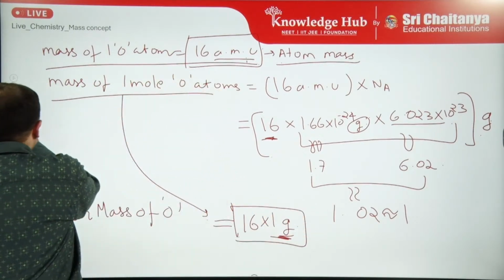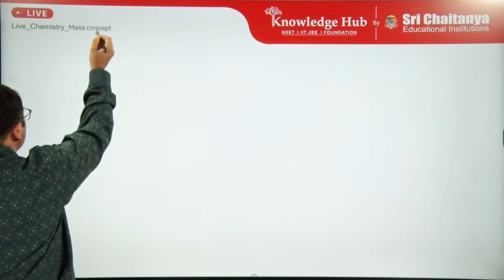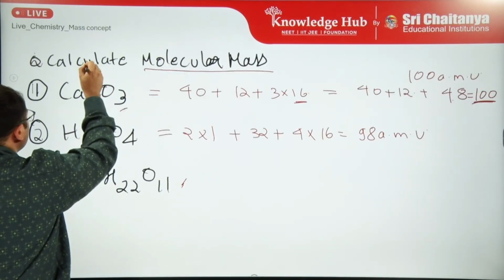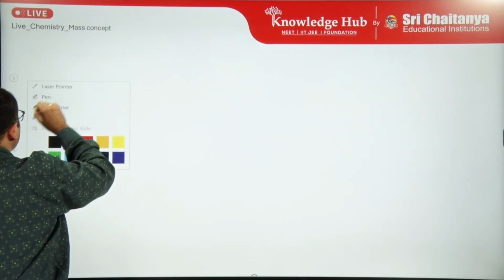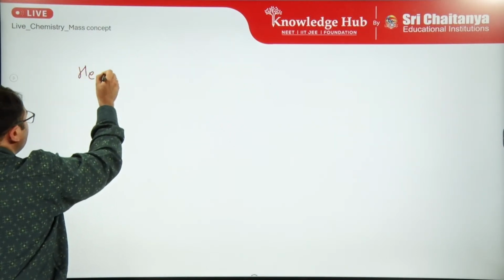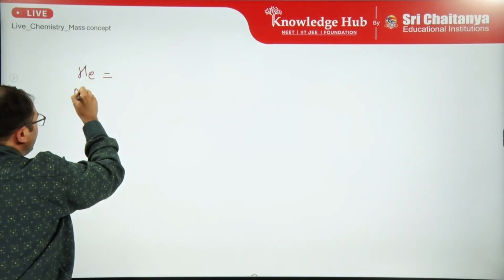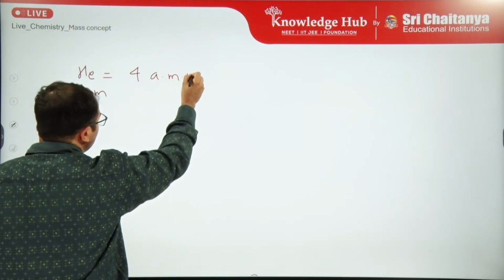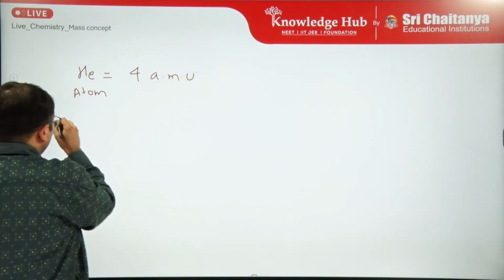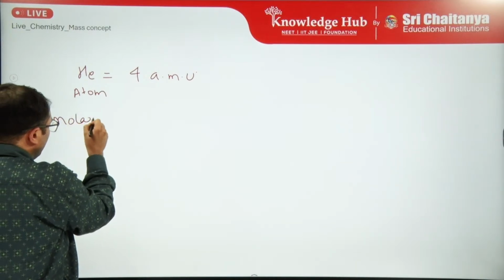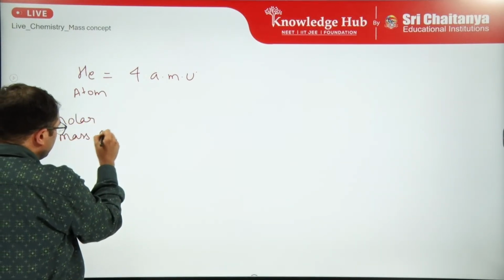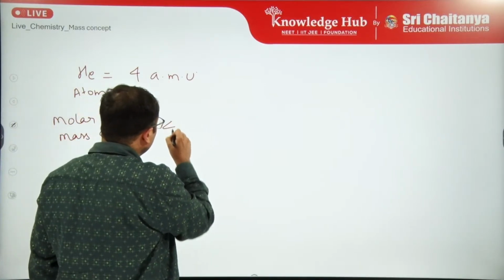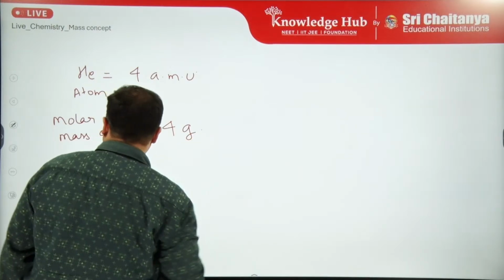Let us take one more example. Suppose you have helium. Helium atom, if I talk about it, will be 4 AMU. Right. But if I talk about the molar mass of helium, that will be around what? 4, just replaced by this gram. Right.